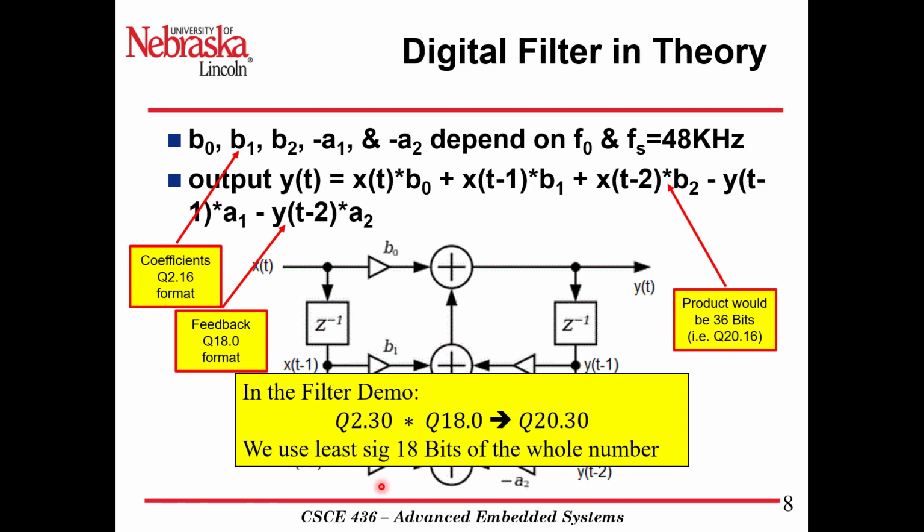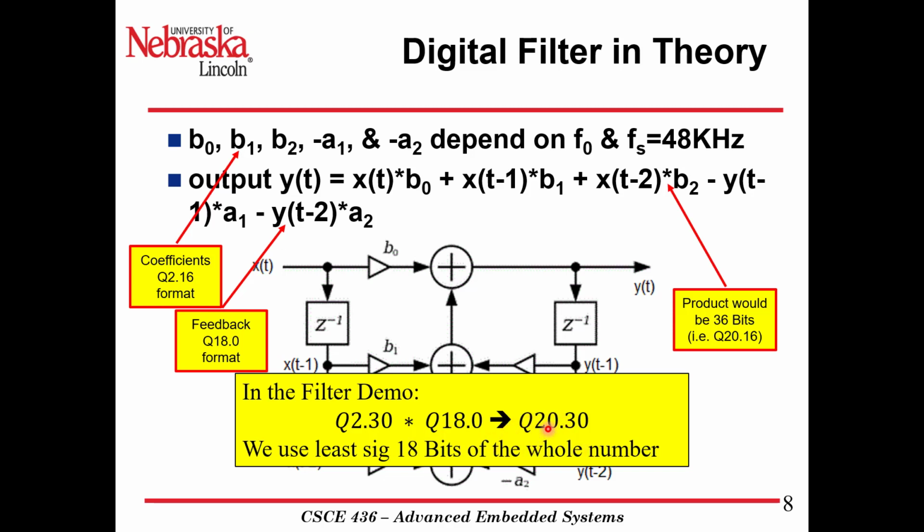For our filter demo, the coefficients are actually Q2.30, and our x of t and y of t are 18.0. Those will be translating to 18 bits for our output to our audio codec, which is 18 bits wide.